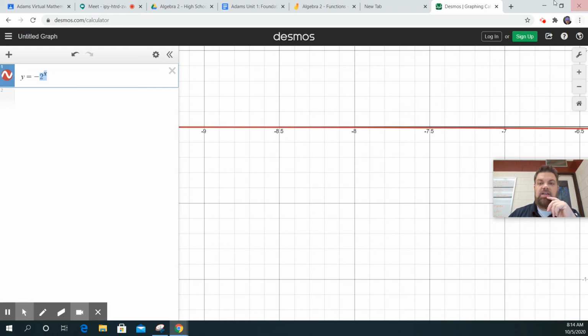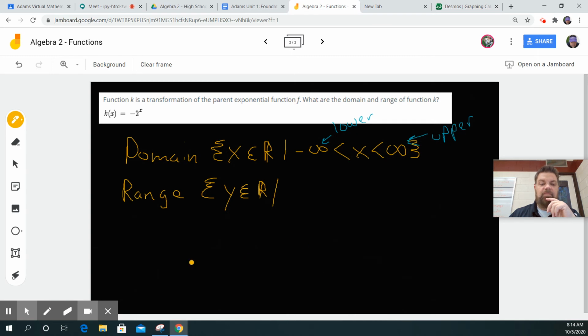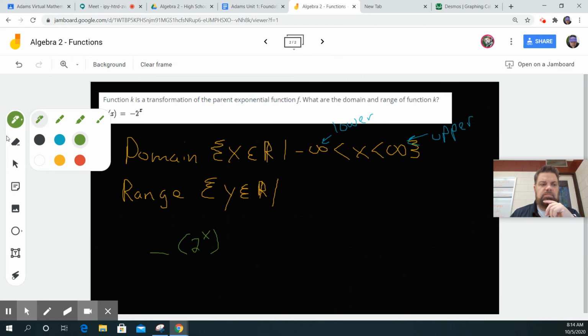So technically, let's talk about that. If I have a negative times 2 to the x, which is really what we have written down, right? Whatever I plug in for this, and I could think of this in terms of, let's let the letter u equal 2 to the x.